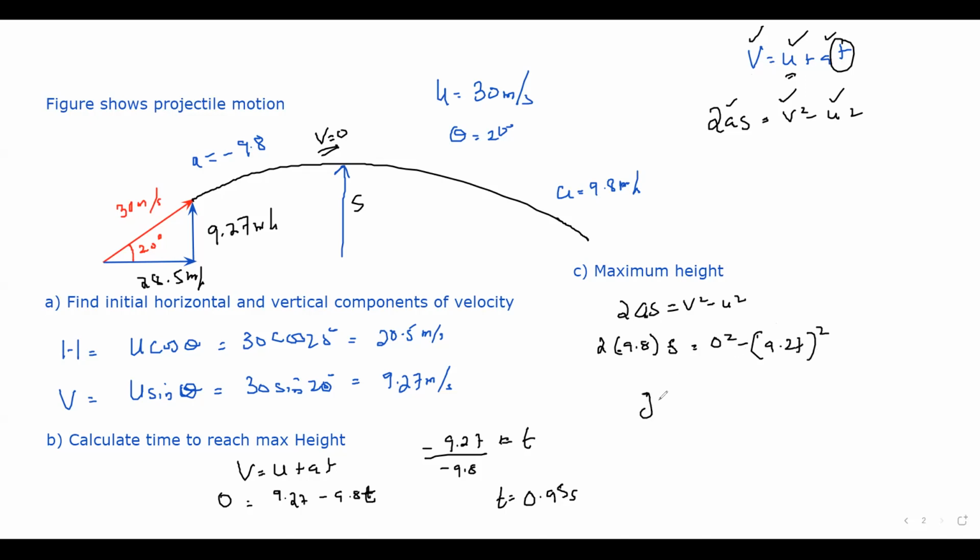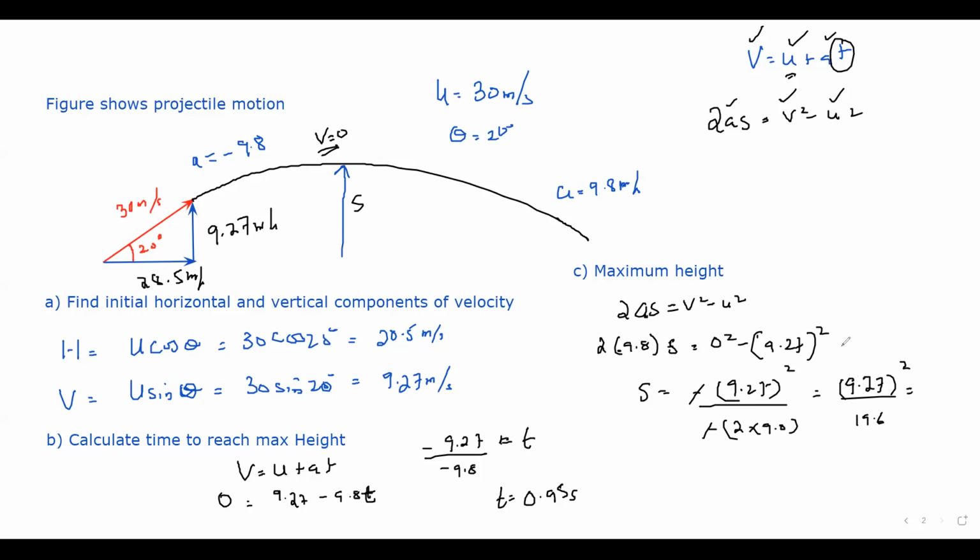So when we solve for this distance, it will be minus 9.27 square divided by minus 2 into 9.8. So negative will cancel with negative. So 9.27 square divided by 19.6.